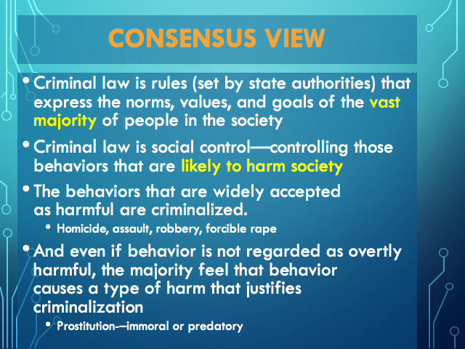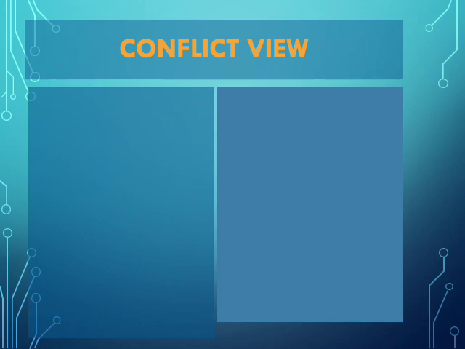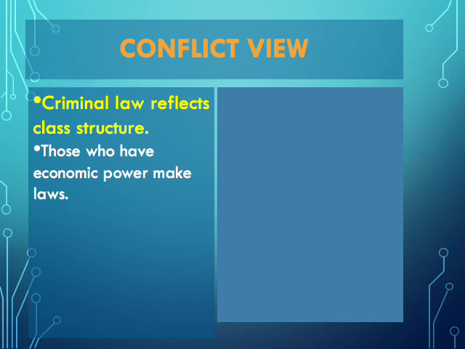The conflict view offers a very different perspective than the consensus view. While the consensus view says that what the majority considers to be harmful is what gets reflected in criminal law, the conflict view basically says that criminal law is a reflection of class structure.